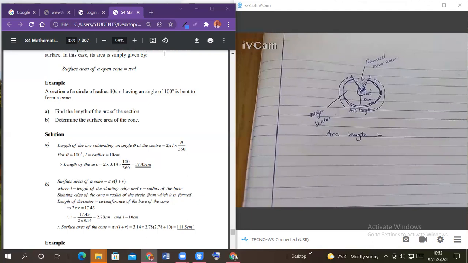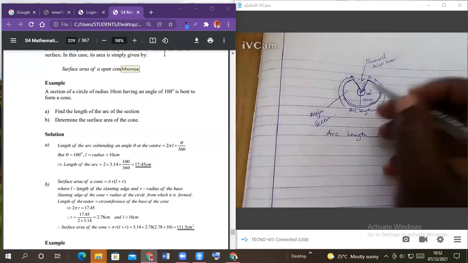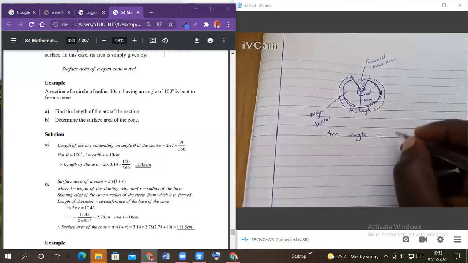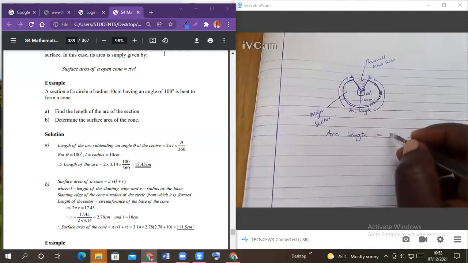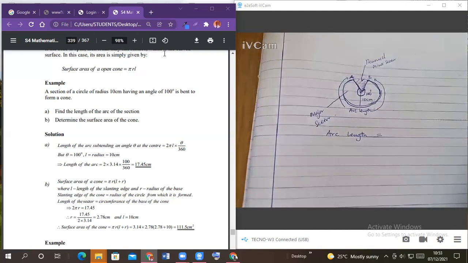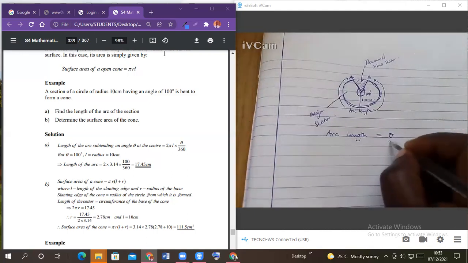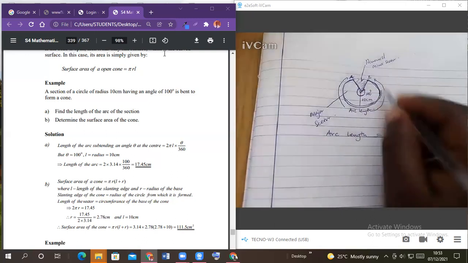Arc length is given by the circumference of the whole circle times the angle over 360, or theta out of 360, then times the circumference of the whole circle.